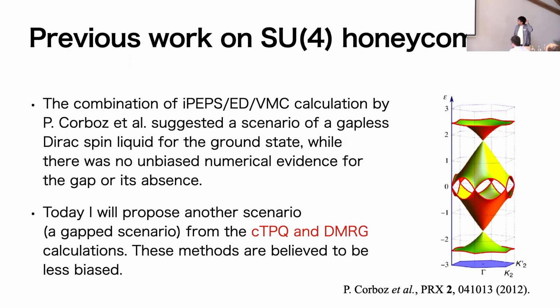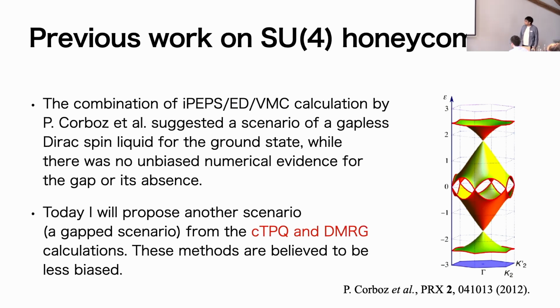Philippe Corboz used a combination of iPEPS, exact diagonalization, and variational Monte Carlo, and suggested a scenario of a gapless spin liquid for the ground state of the SU(4) Heisenberg honeycomb lattice, while there was no unbiased evidence for the existence or the absence of a gap.